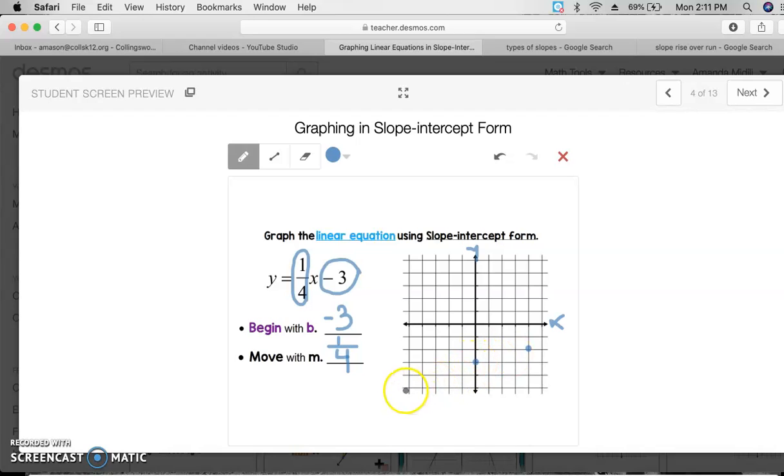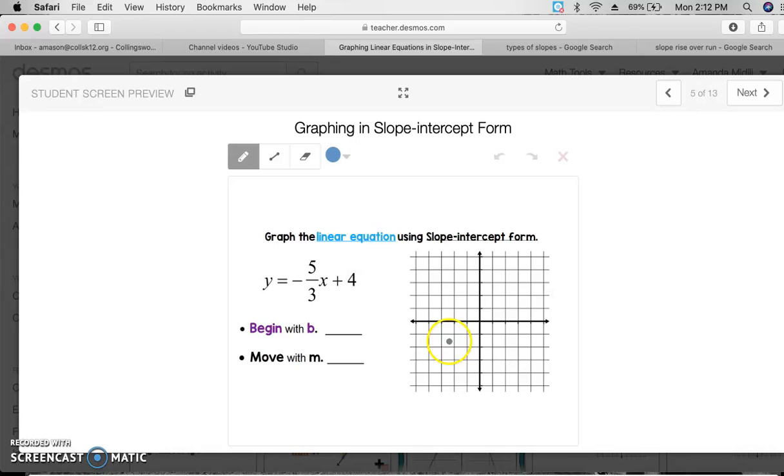If I imagine drawing a line through this, it would be a positive slope, which it is. I'm going to connect my points with a line. And then I also want to draw arrows on the end because this line goes on forever. And this is the line here.